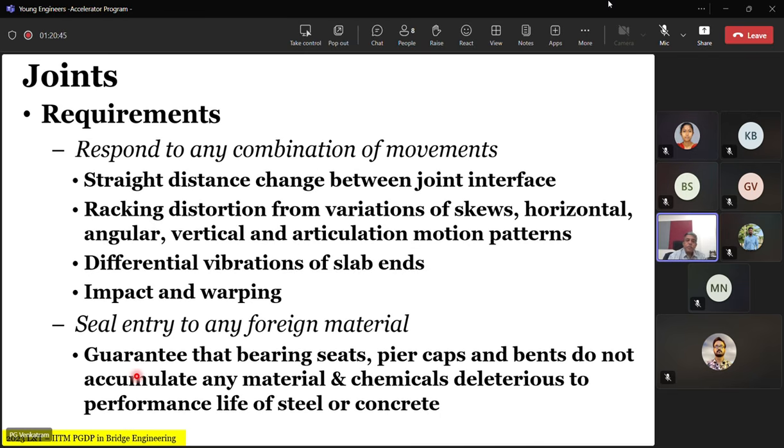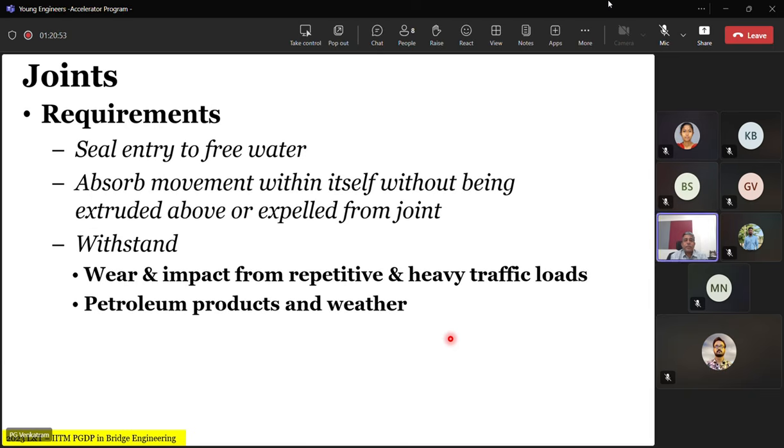So one purpose of the joint is to seal the entry of any foreign material into the deck. It should seal the entry of free water, absorb movement within itself without being extruded above or expelled from the joint, and withstand wear and tear impact from repetitive heavy traffic. On road bridges there is an additional requirement: it should withstand the corrosive effect of petroleum products.